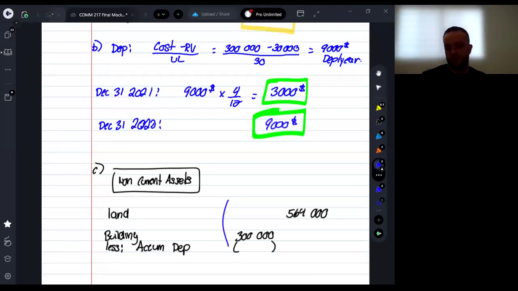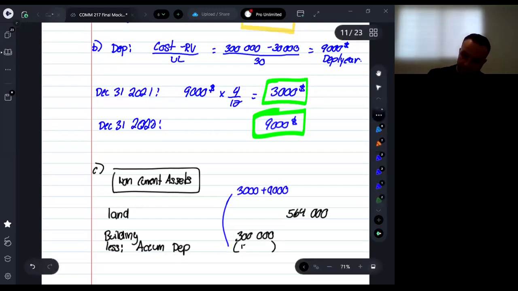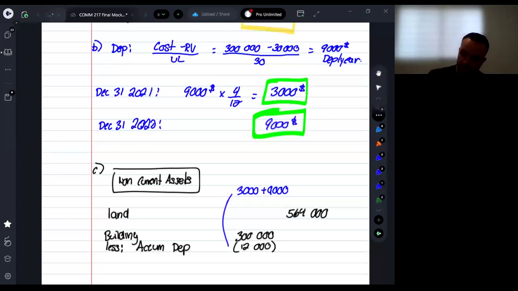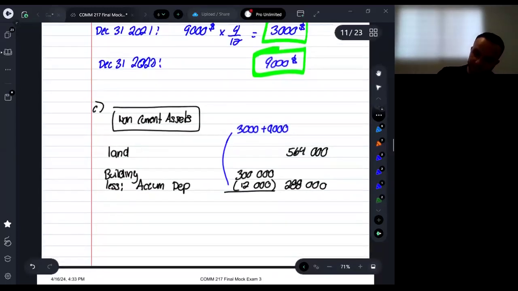Well, I'm guessing that 2012 is supposed to be 2022. Yeah. So it has to be that 3,000 plus 9,000, so it's $12,000 in depreciation. Minus the 12 will give you 288,000.